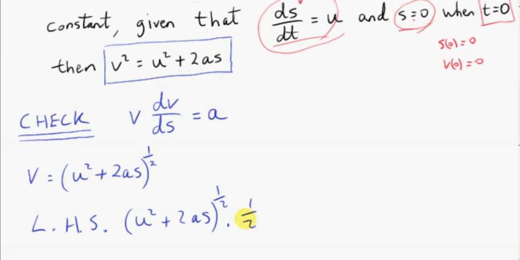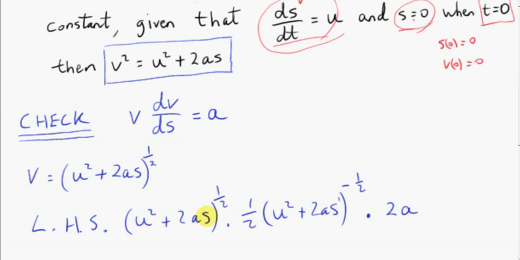So we have to use the chain rule, a half u squared plus 2as, then half minus 1 is minus a half, and we must multiply by the derivative of what's inside with respect to s. Now u is a constant, so the derivative of u with respect to s is 0. Here we have 2a times s to the power of 1, so when we differentiate this with respect to s, we get the constant in front of s, which is 2a.